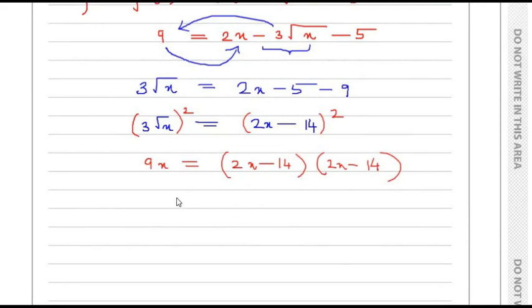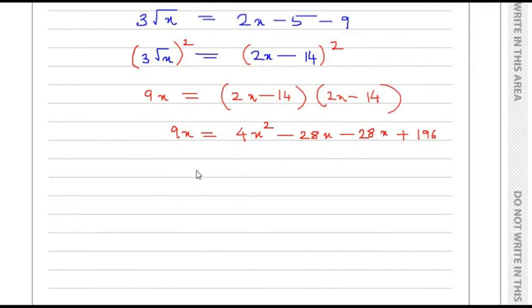Now expanding the brackets, we get 2x times 2x is 4x², and 2x times minus 14 gives us minus 28x, and again minus 14 times 2x is minus 28x, and minus 14 times minus 14 gives you plus 196.